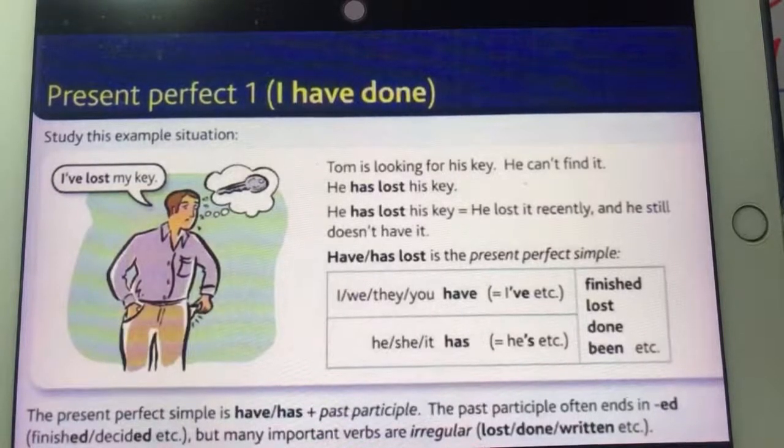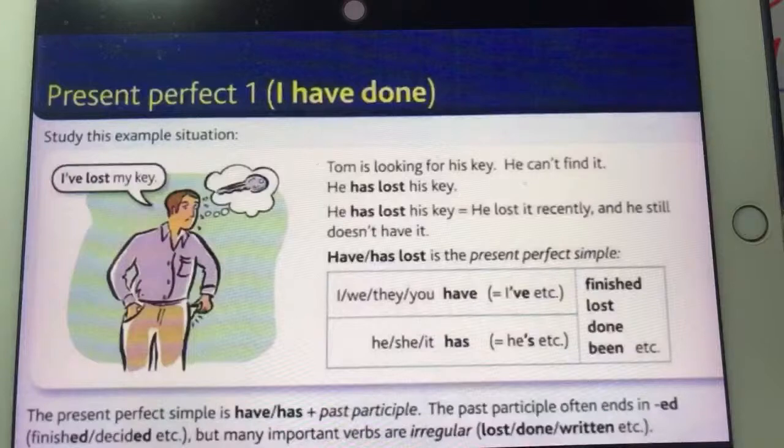Mizuki? Do you remember the regular verb? Okay. So regular verb, the past tense form of the regular verb ends with d, ed, or ied.